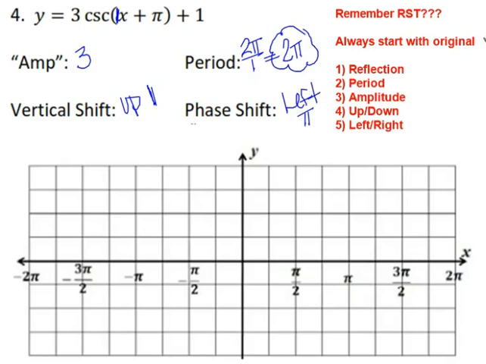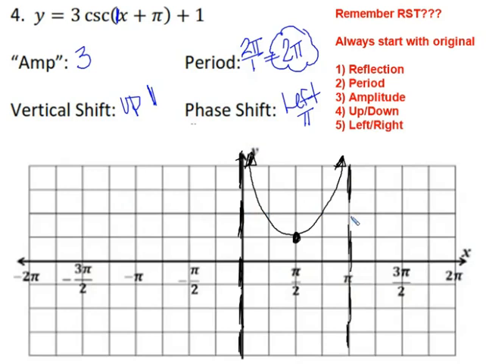So let's go ahead and plot our original. Cosecant has a vertical asymptote at the origin, and then another one at pi, and we have a minimum at pi over 2, and a U-shape going up. Now you could graph the kind of upside down U either to the right or to the left, up to you.